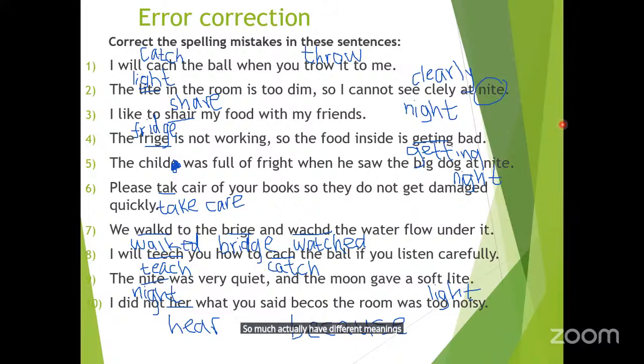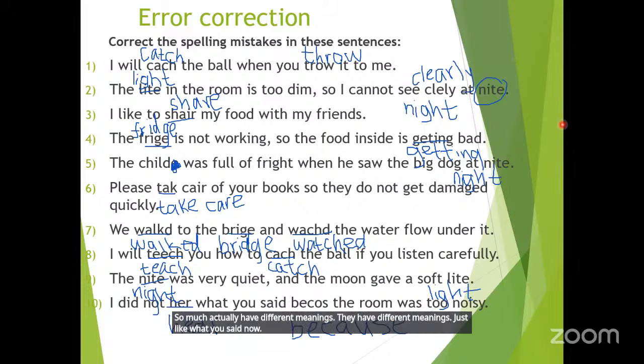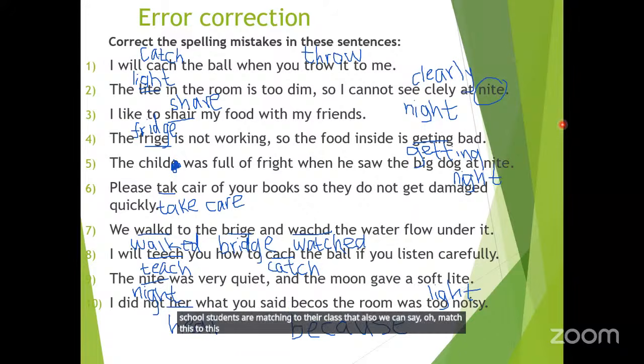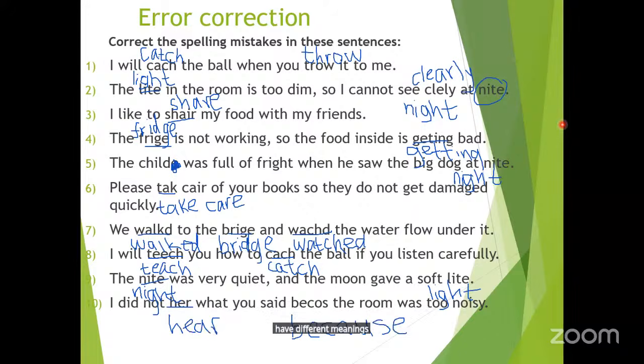If two football teams are playing, they have a match. When soldiers or school students are marching into their class, that is march. And also we can say, match this to this. They are different meanings, but the same pronunciation.